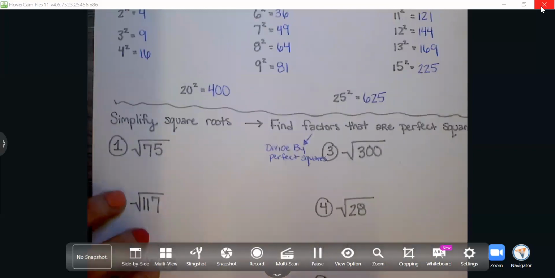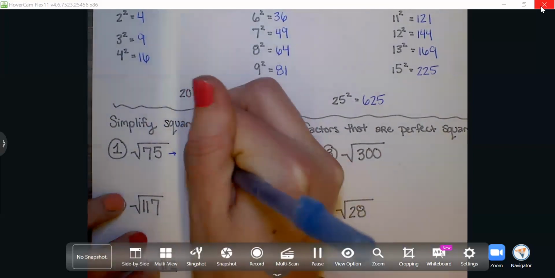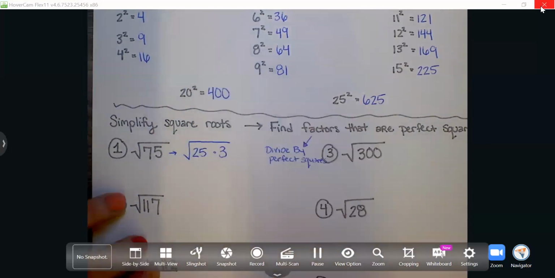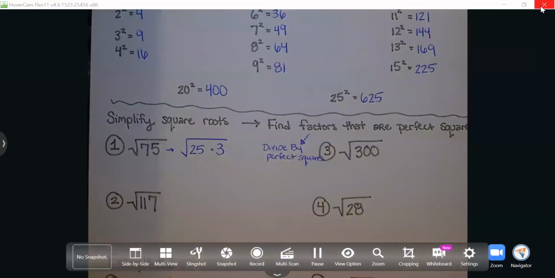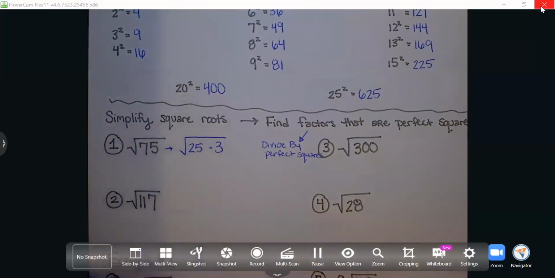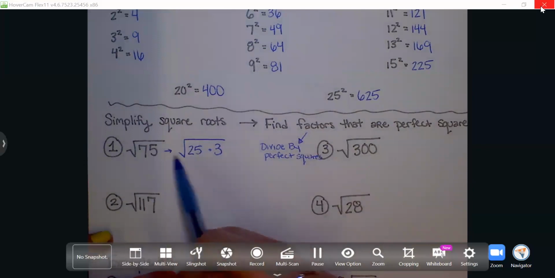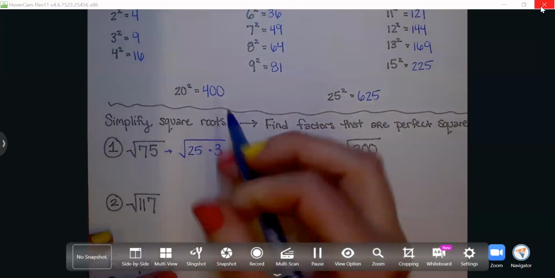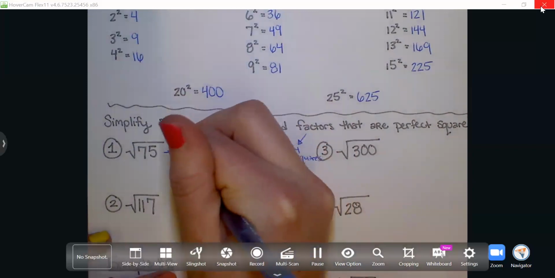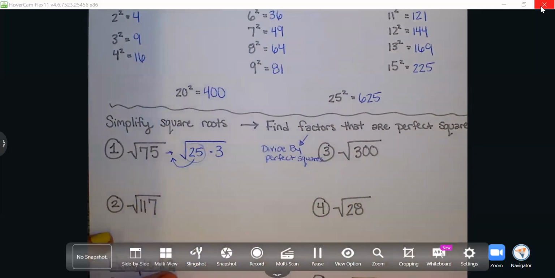So what I'm going to do is break this down into the square root of 25 times 3. Instead of square root of 75, I have the square root of 25 times 3. Anything that's a perfect square can come out of that square root symbol. If you're perfect, you can come out of that square root jail. And I can take the square root of 25, right?